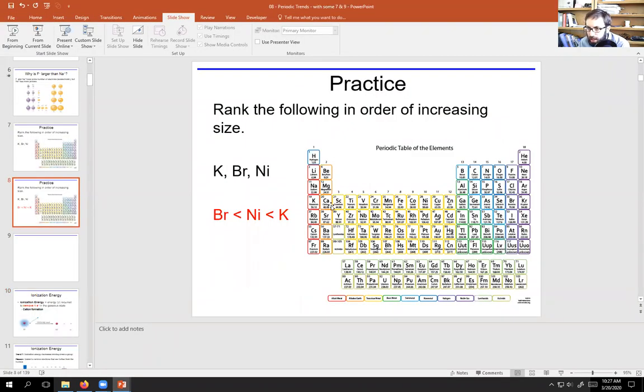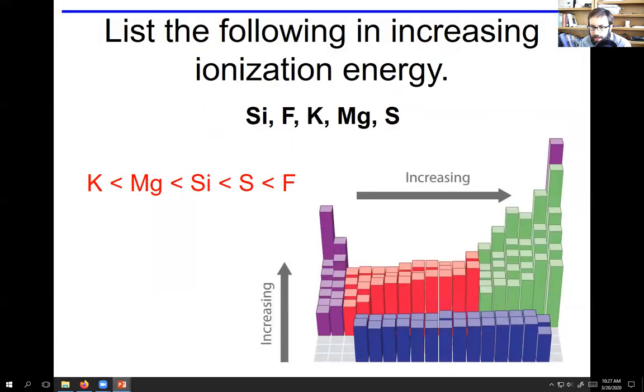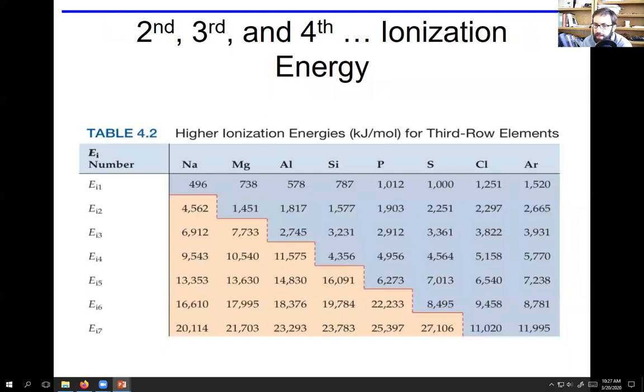So we're talking about silicon, magnesium, sulfur, and there's potassium, and fluorine. We're just ordering these left to right, and it's basically as simple as that. The ones that are further to the right, fluorine being the furthest to the right, are going to have the highest ionization energy.